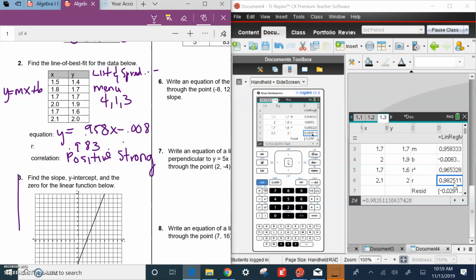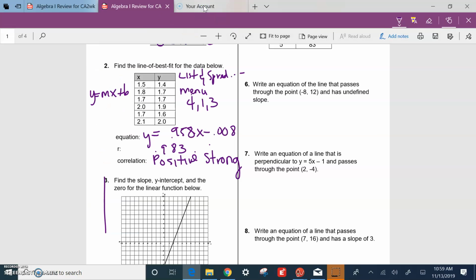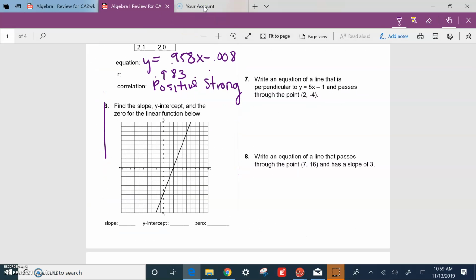Number 3, it says find the slope, y-intercept, and 0 of the linear function. Alright, so our slope is, we're going from one point to the next.